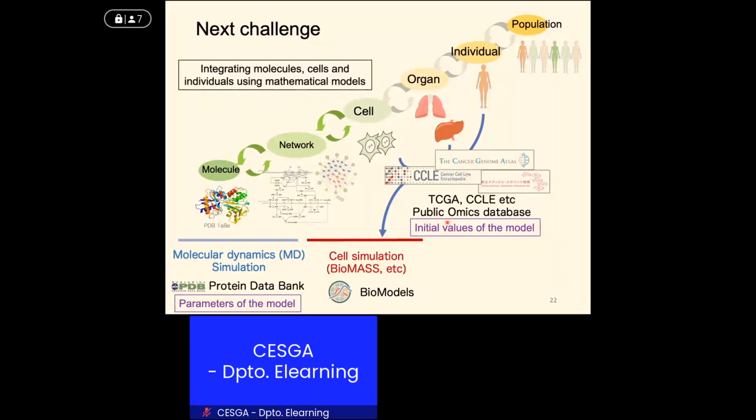How mutations in proteins, such as interaction mutations, change the parameters of the system is very difficult, and nobody has tried that. But doing this analysis, we can integrate the parameters of the model from the MD simulation and the initial values of the model from the TCGA, and integrate that information in cell simulation. So I think it can be very challenging, but also very interesting.